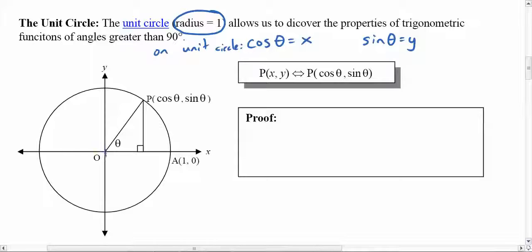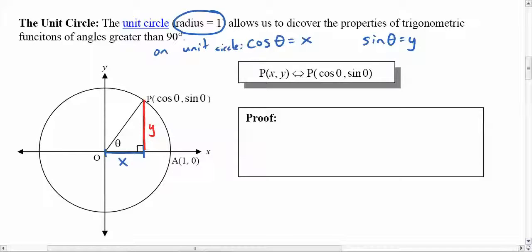So do you know what letter we can call this length here? X. It's on the x-axis. So this length is x. I know I'm asking very easy questions. And this length here, y.